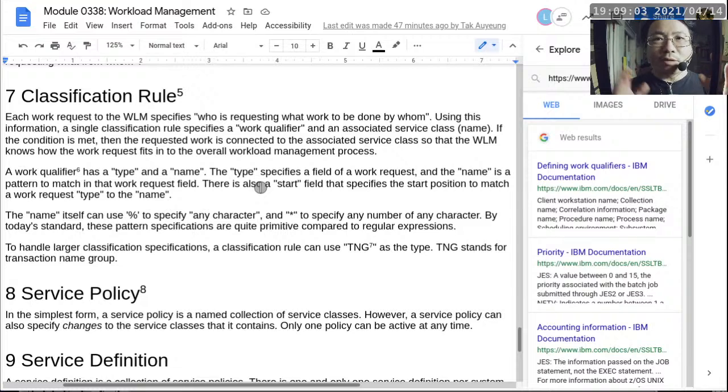Now, how is that service class defined? That's a whole separate story. We are just making a link between the incoming work request and the service class we should be using for that work request.